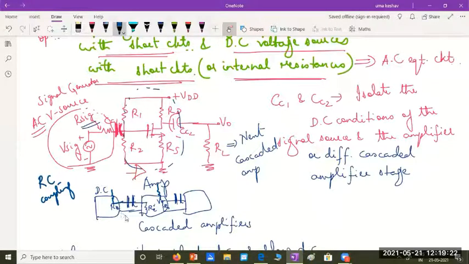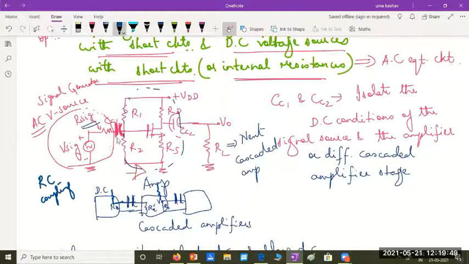And when we use these coupling capacitors to connect the output of one stage to the input of the next stage, or to connect the signal generator to the basic amplifier or the basic amplifier to the load, for any connection, the coupling capacitors will tend to have a different effect on the circuit.